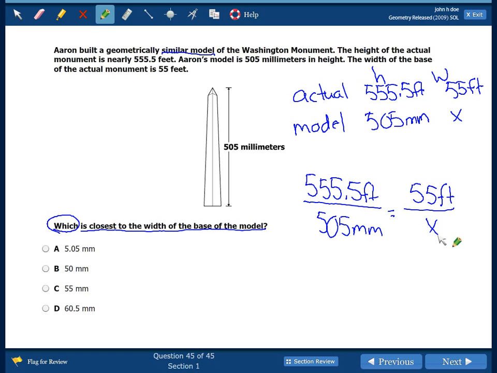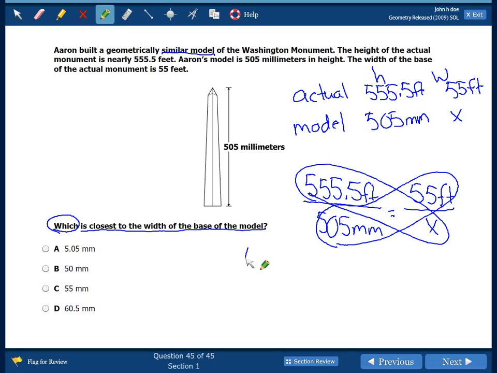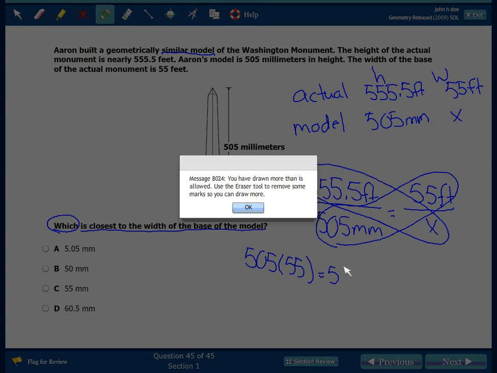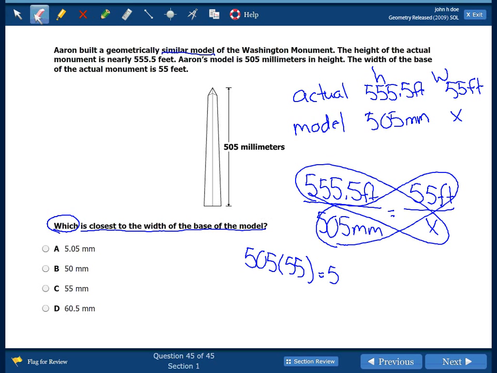What we need to do is cross multiply this. We see that our unit should be in millimeters, which is what we have here, so I'm not going to worry about the units in this problem. So 505 times 55 is equal to 555. I had a feeling that was going to happen. I'm going to erase my work.